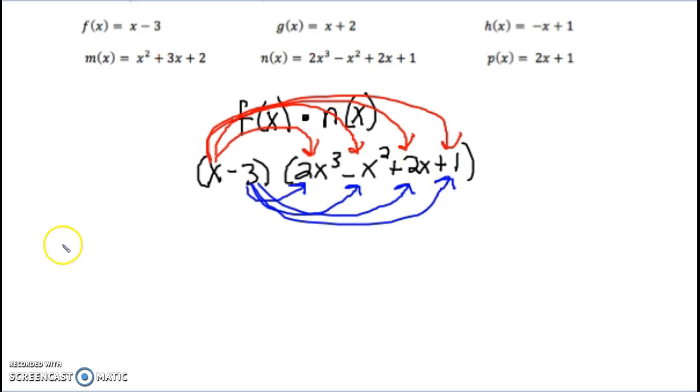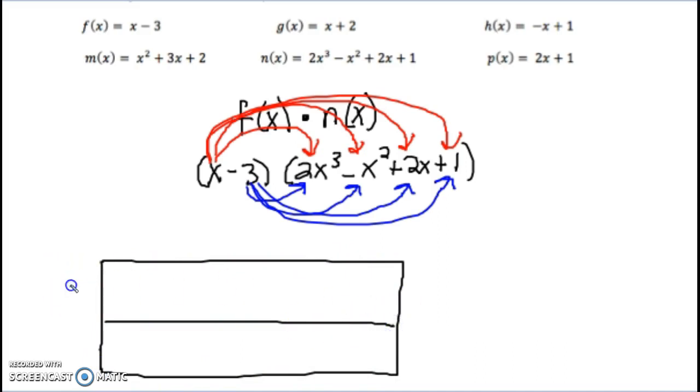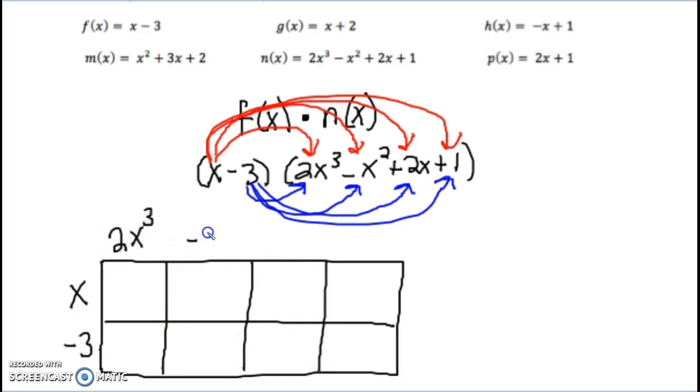So what I'm going to do is create a box. I have 2 terms in my first polynomial. I have an x and a minus 3. And I have 4 terms in my second polynomial. I have a 2x to the third minus x squared plus 2x plus 1.